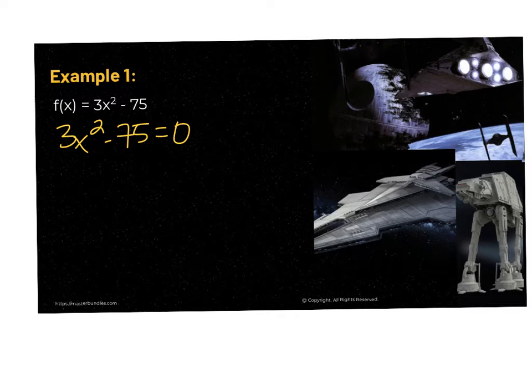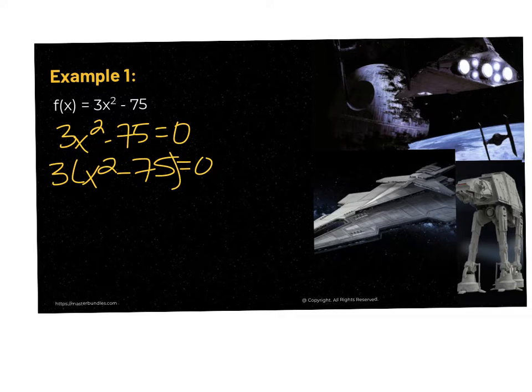You could factor a 3 out because 3 goes into 75, so we could go down that road. That's fine. Either 3 equals 0, which is just ridiculous, you can throw that solution out as you saw in the video last week, or x squared minus 75 equals 0.